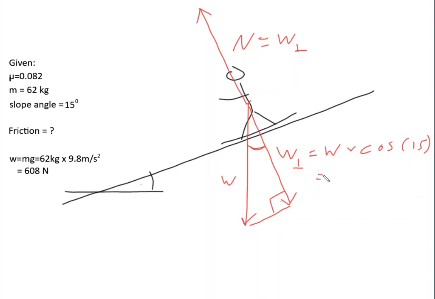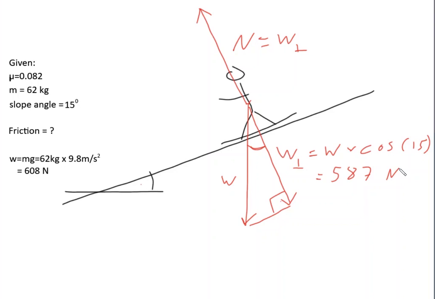And when we plug in the values, so we have 608 Newton times cosine of 15, that is 587 Newton. And this is also the value for the normal force.